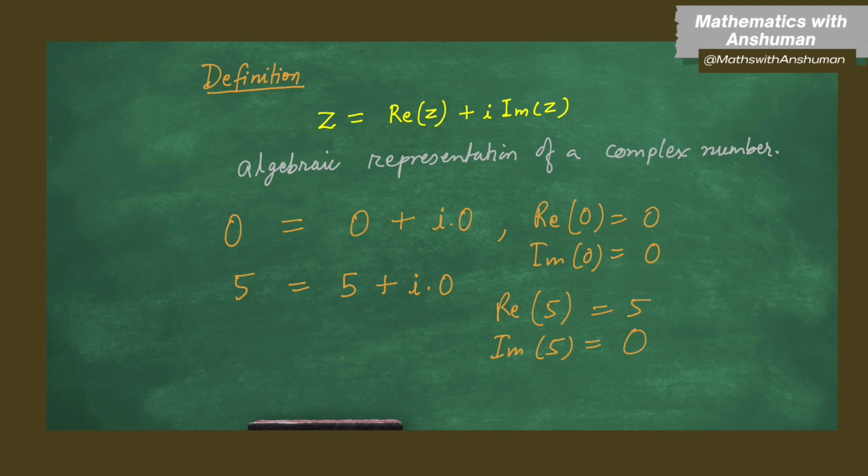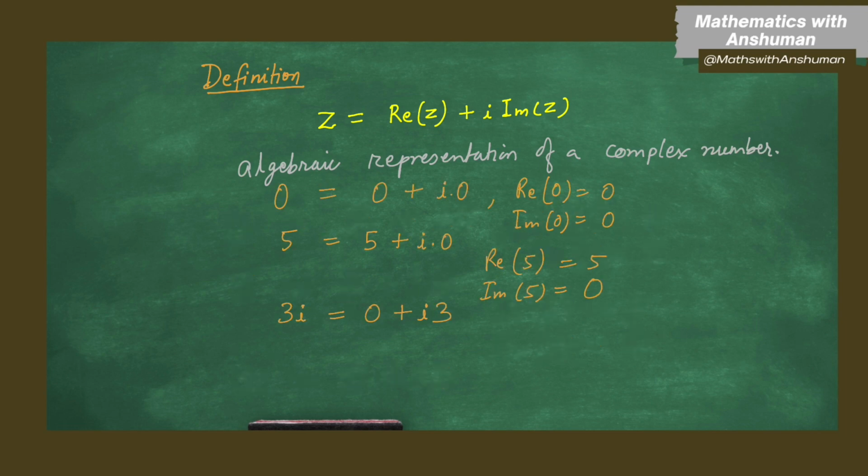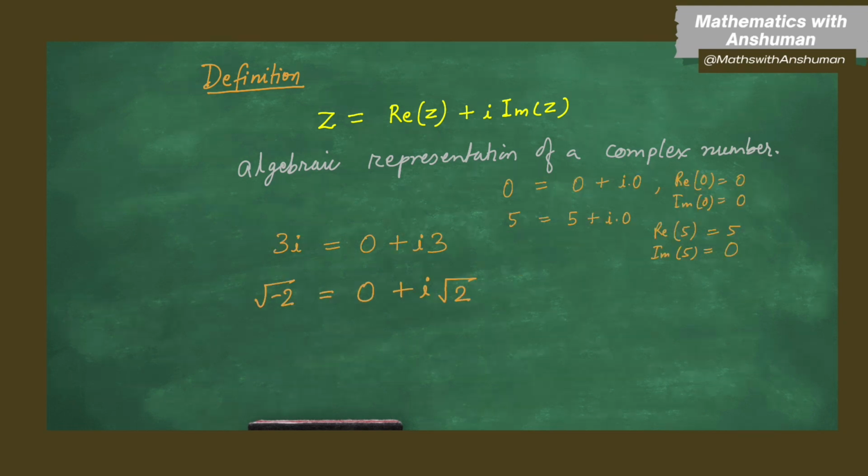Sometimes you will only see numbers written as 3 iota. So here the real part is 0 and the imaginary part is 3. Or under root minus 2. Here the real part is 0 and the imaginary part is under root 2. Let us see these two examples once again.